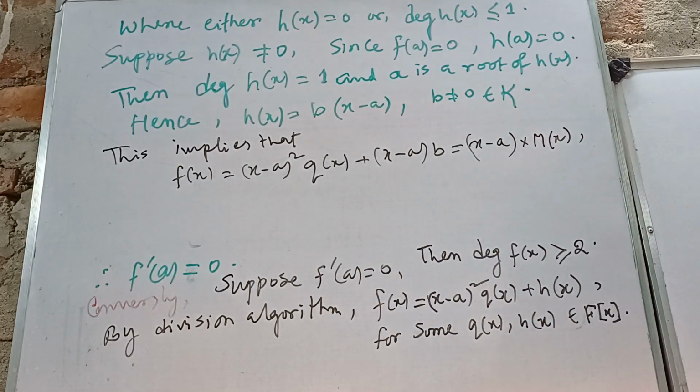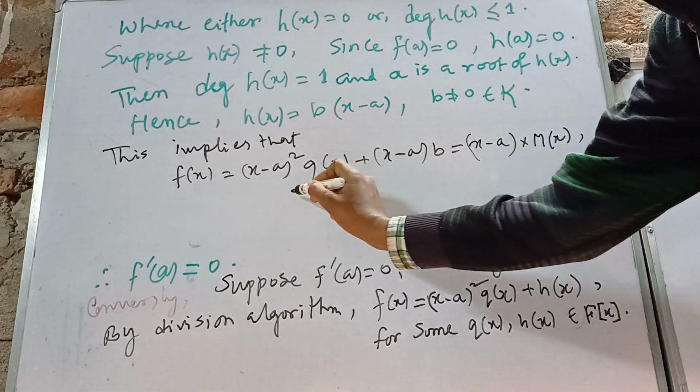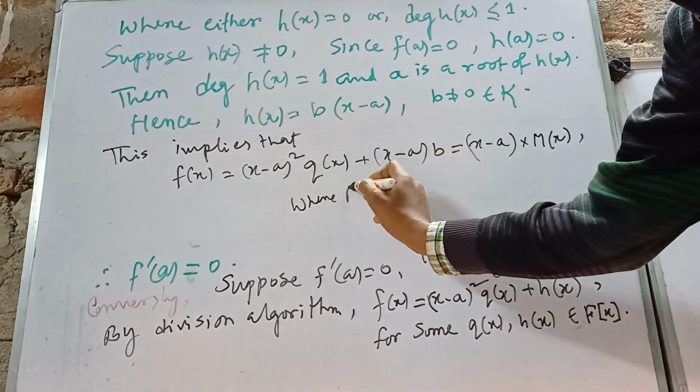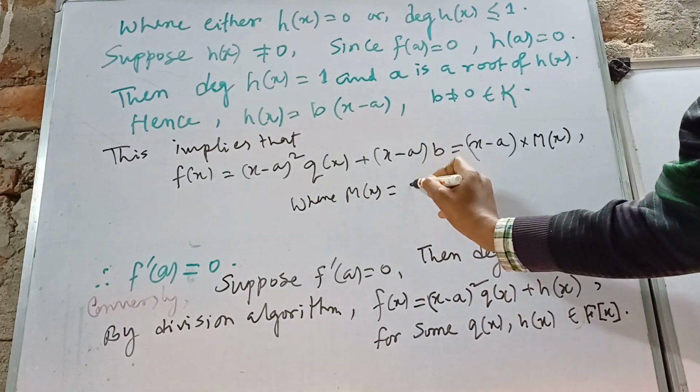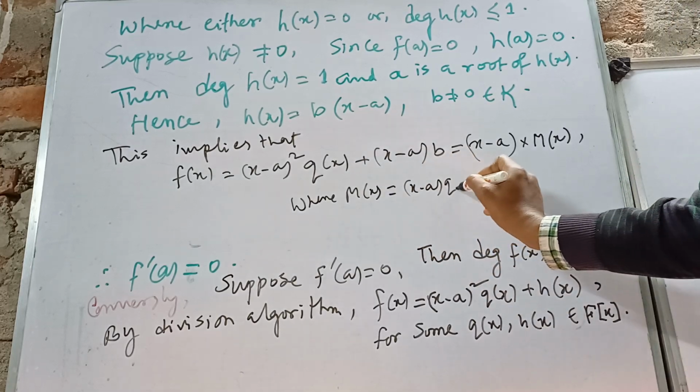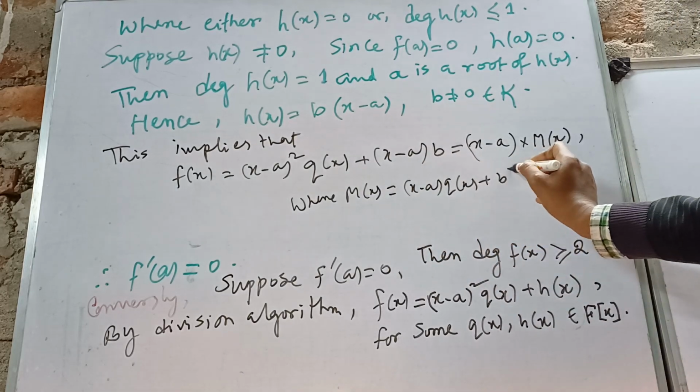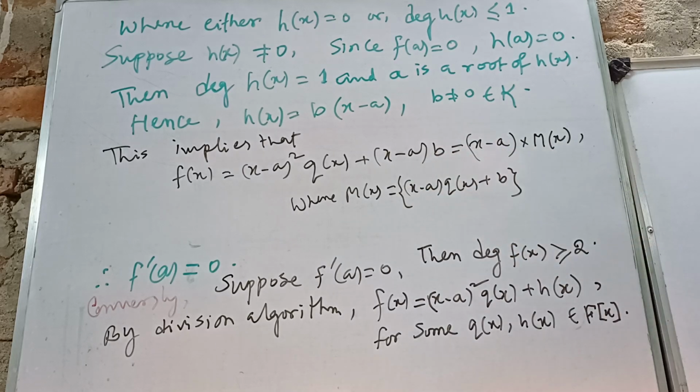So we write m(x) equal to (x minus a) q(x) plus b. Not a problem at all.